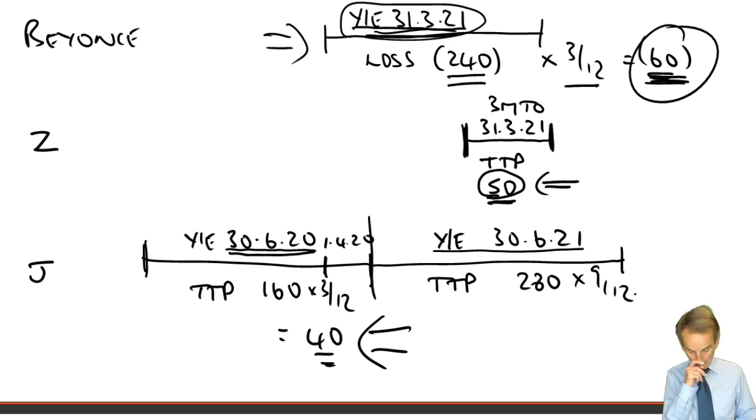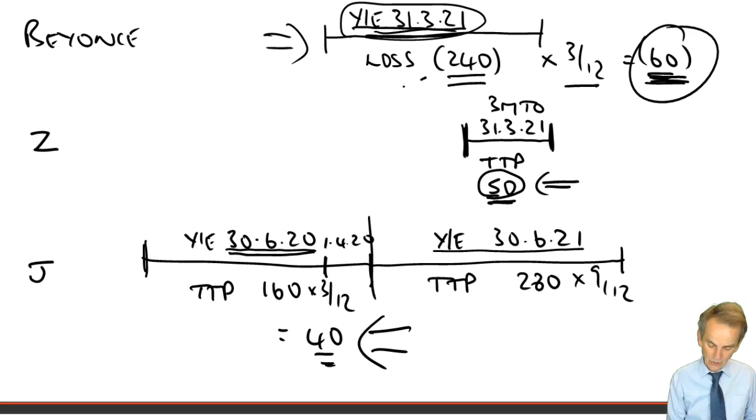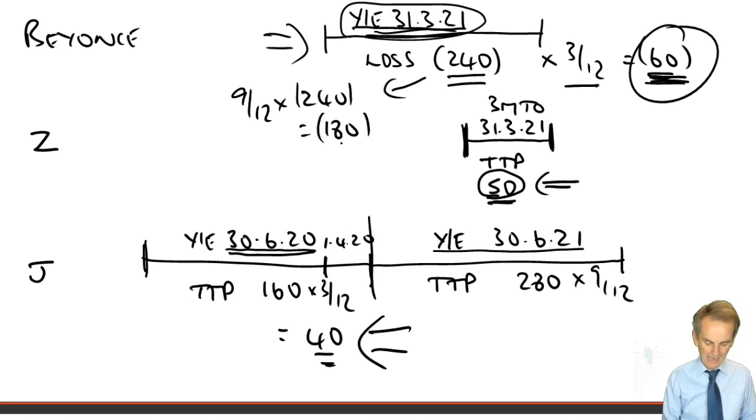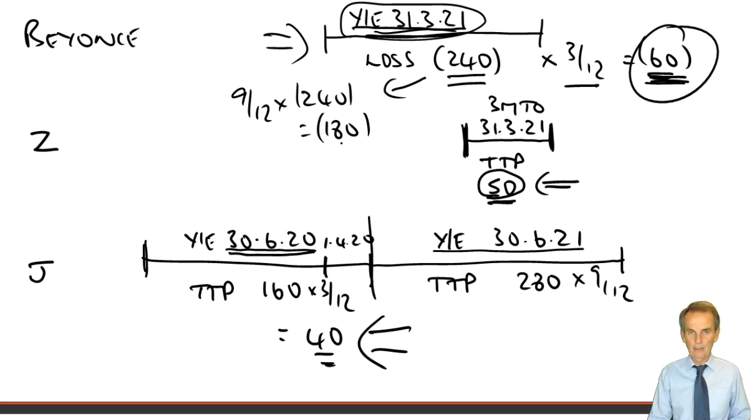So what have we got? In relation to the loss, there's our loss of 240, 9/12 times the 240 loss. Well, that will equal £180,000. So 9 months of the 240 loss, 180, is available, corresponding to 9 months' worth of the profit of J of the year ended June 21.